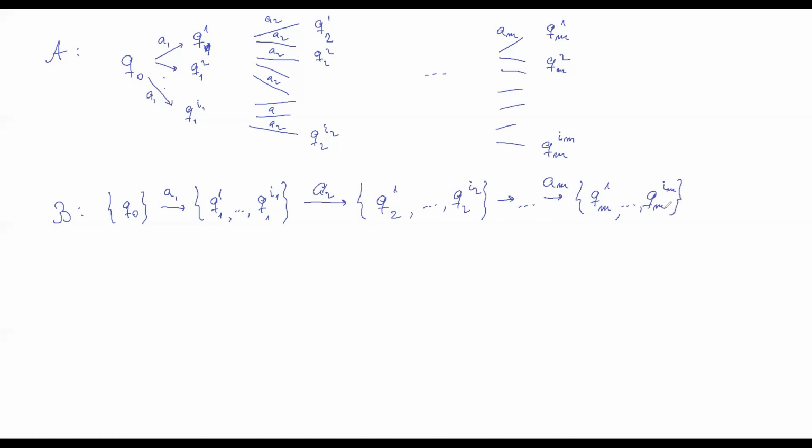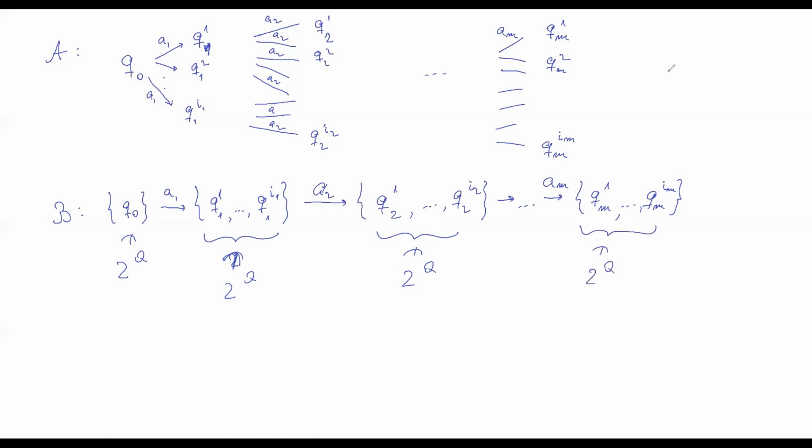And I just pause for a moment to point out that this is a state in automaton B. So this is part of 2 to the power Q. So it's a state. This is a state. In fact, it's the initial state. So all of these are states. And so obviously what I'm building here is a computation, state by state, reading one letter at a time.